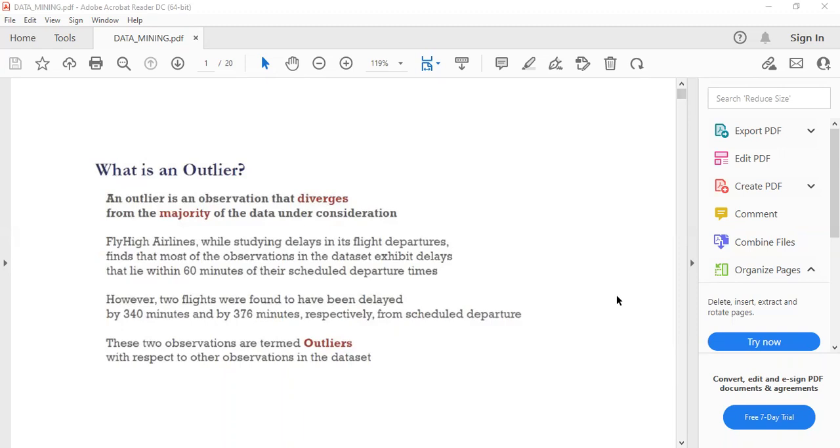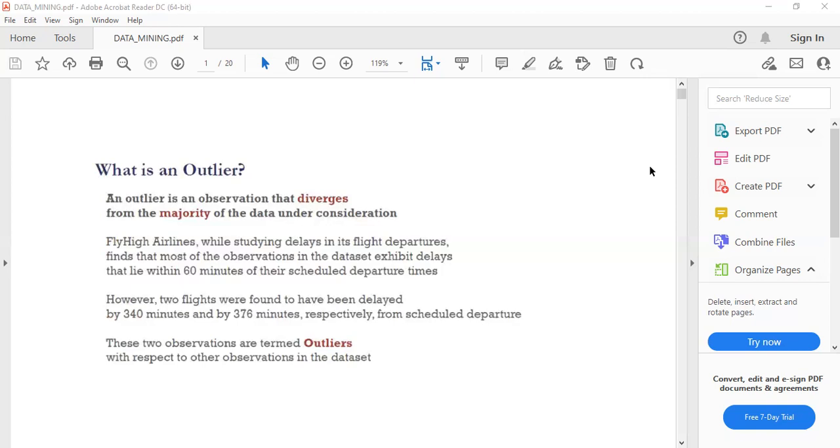Look, an outlier is an observation that diverges from the majority of the data under consideration. Fly High Airlines, while studying delays in its flight departures, finds that most of the observations in the dataset exhibit delays that lie within 60 minutes of their scheduled departure times.